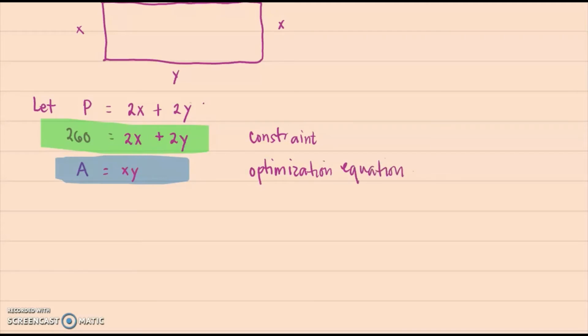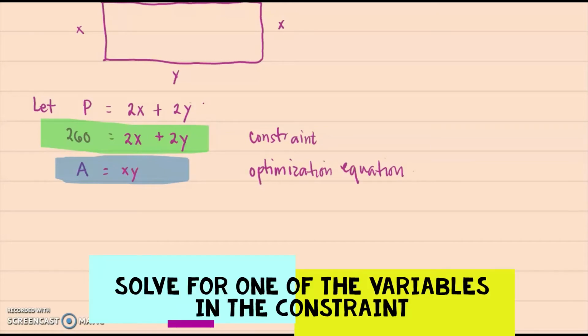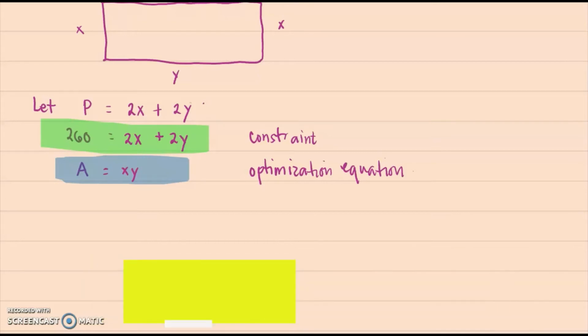Right. So second step, we have to solve for a variable in our constraint. This time we are still going to solve for y. So let's get the constraint: 260 equals 2x plus 2y.